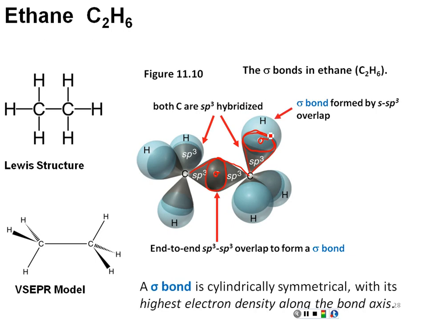So a sigma bond is cylindrically symmetrical, and the highest electron density is along the bond axis. So that's another important thing to remember about a sigma bond. Cylindrically symmetrical, and highest electron density is along the bond axis.